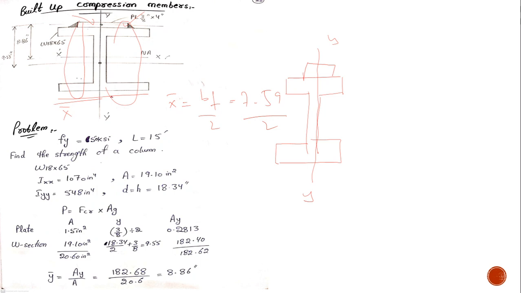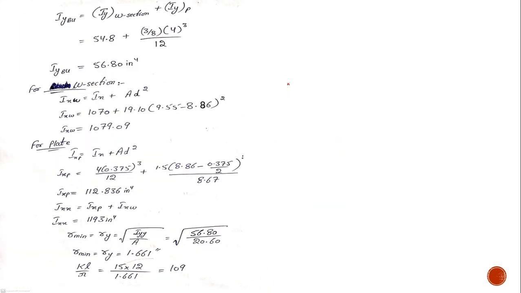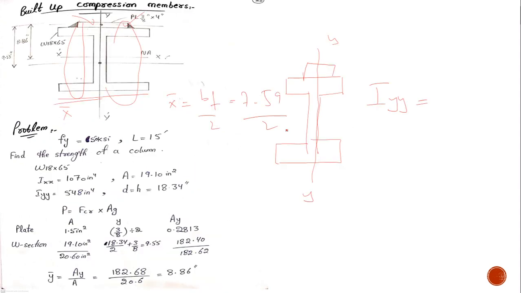So as there is symmetry along the y-axis, Iyy is very easy to find. I have found it here. You have this plate, and this is your W section.